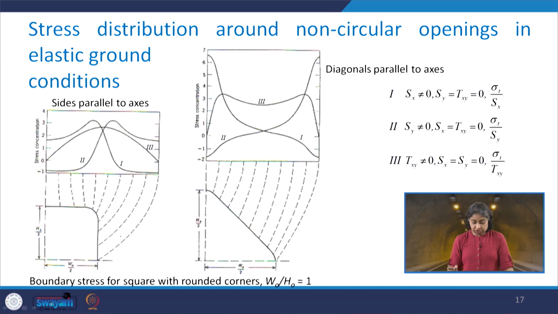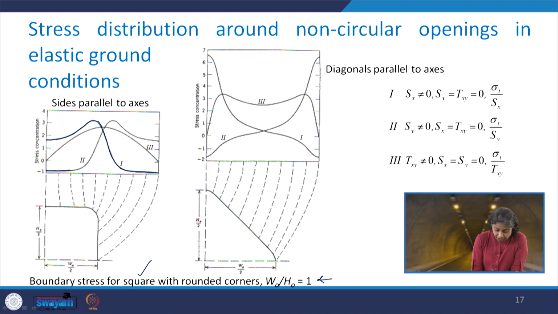Similar observations are made here with reference to the square opening with rounded corners, and since it is the square opening, you have W naught upon H naught equal to 1. So be careful here that this is what is for situation 1.